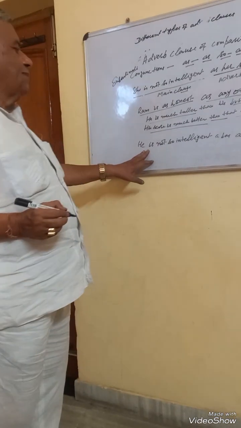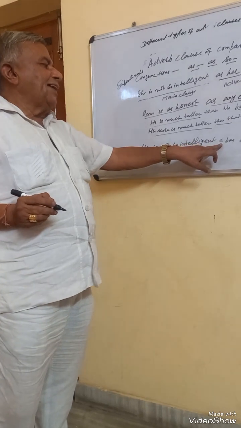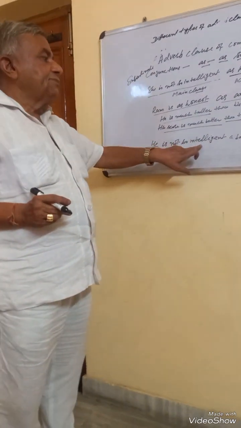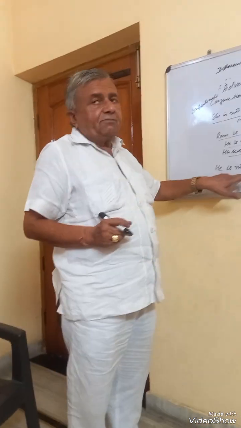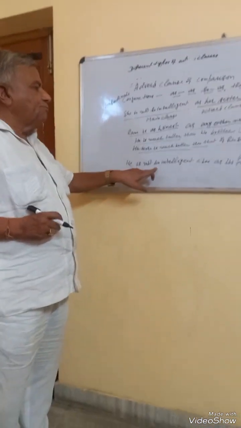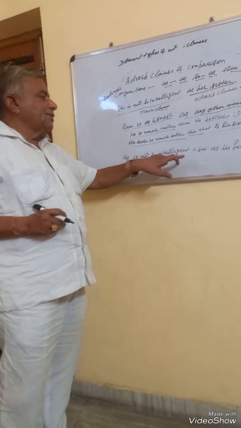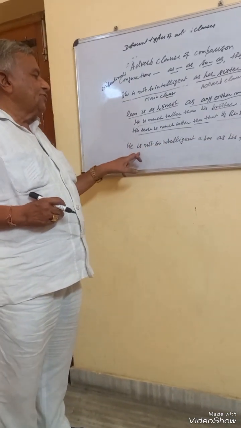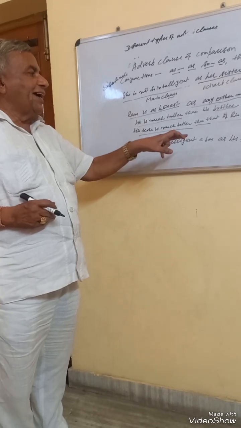We have to bear in mind that generally articles are used before the adjective. But in such a case, when comparison is made by using the conjunction "so as," we put the article not before the adjective but before a noun. He is not so intelligent a boy as his friend.